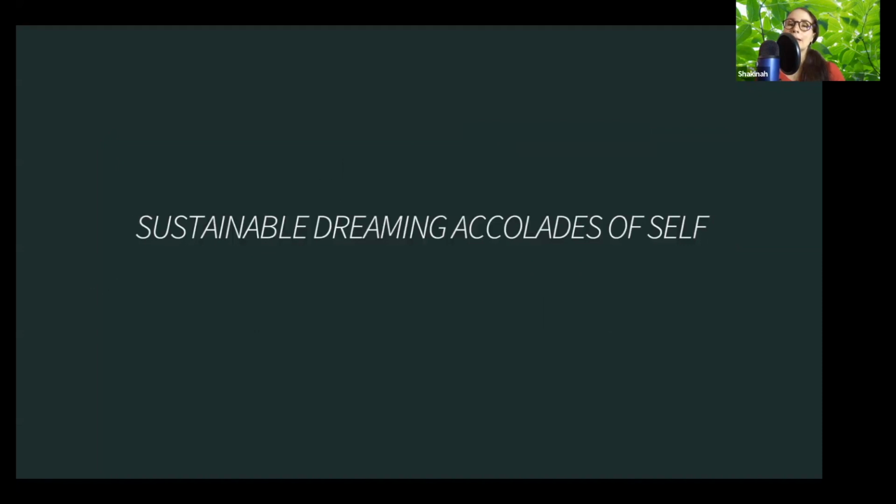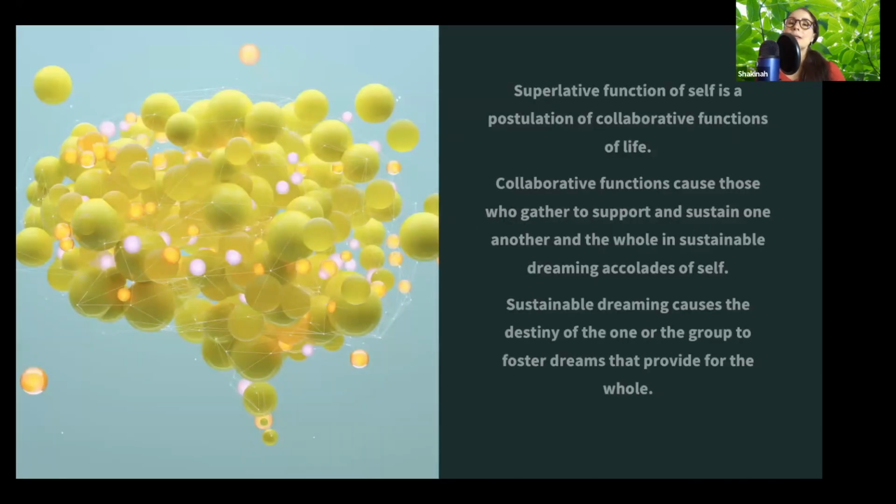Sustainable dreaming accolades of self. Superlative function of self is a postulation of collaborative functions of life. Collaborative functions cause those who gather to support and sustain one another, and the whole in sustainable, dreaming accolades of self. Self-sustainable dreaming causes the destiny of the one or the group to foster dreams that provide for the whole.